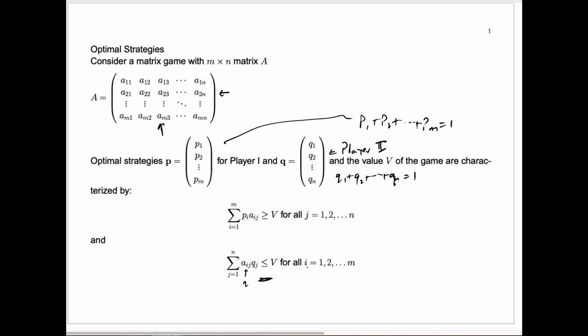And we have that for each row, for each i equals 1 to m. So we need a whole bunch of things to be true. For every possible column player 2 picks, player 1 expects at least v. For every possible row that player 1 picks, player 2 expects at most v, meaning at least as good a result as having v. When all of these are satisfied, then we know v is the value of the game.